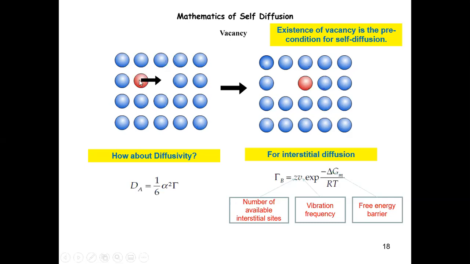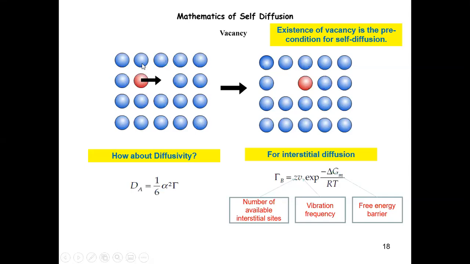So if you look at the mechanism for this substitutional diffusion, do you think there's still an activation energy required for this guy? No. But in order to move it from one place to another, I think there should be some energy required. There is still some energy, right?